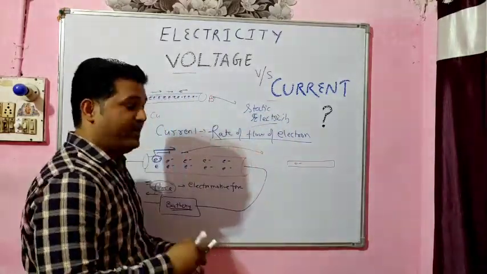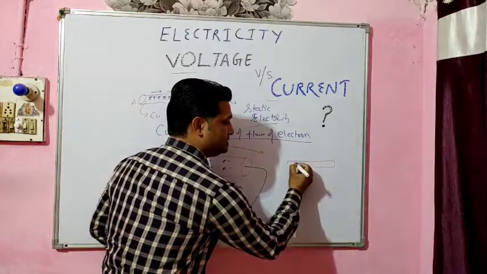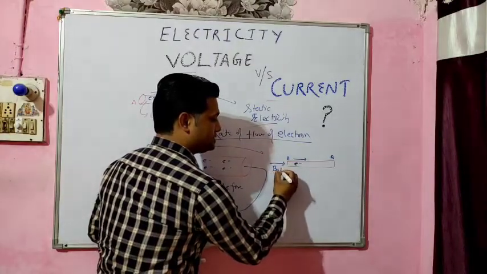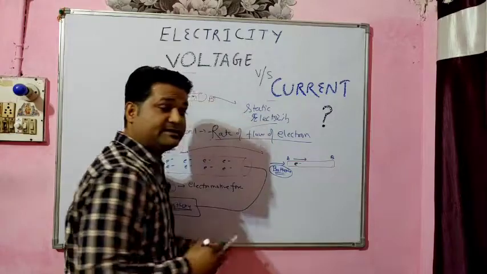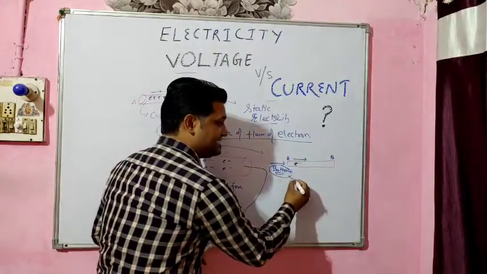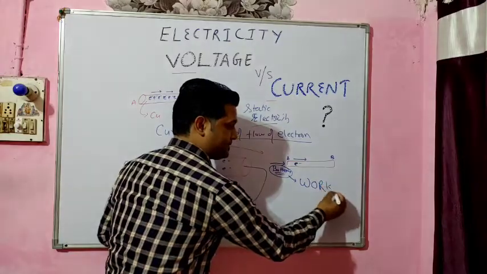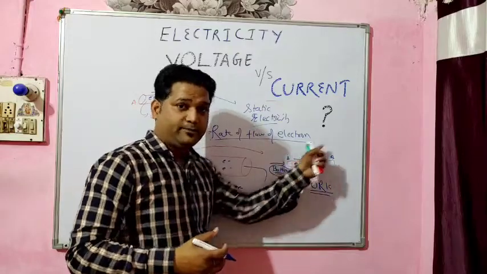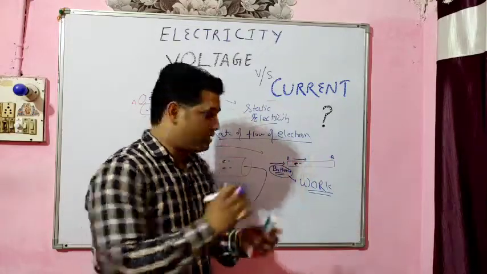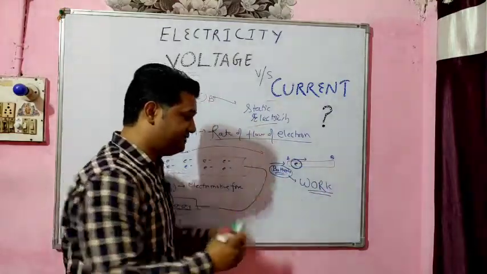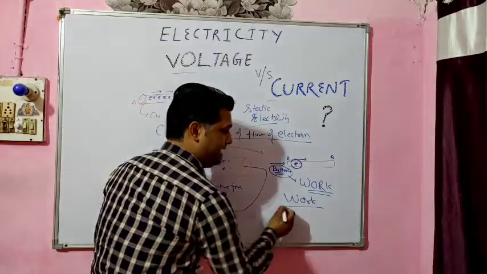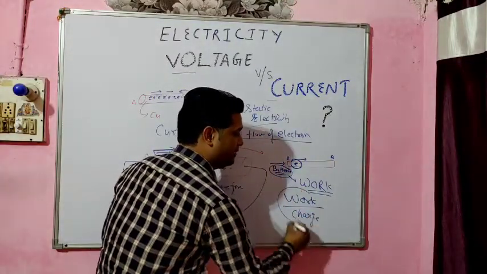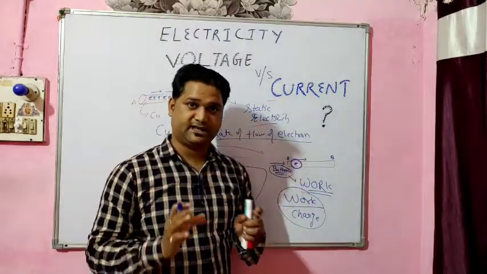The battery is going to push this electron from A to B, which means the battery is doing some kind of work on this charge. That work done by the battery on the charge is nothing but the voltage. I hope it is clear to you.